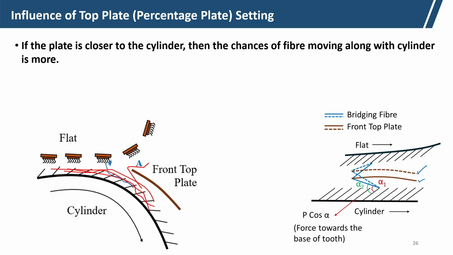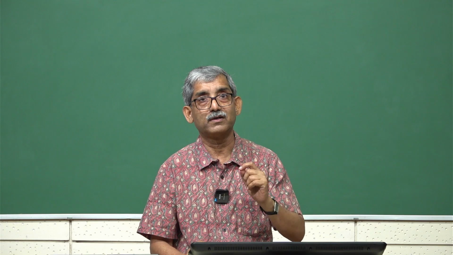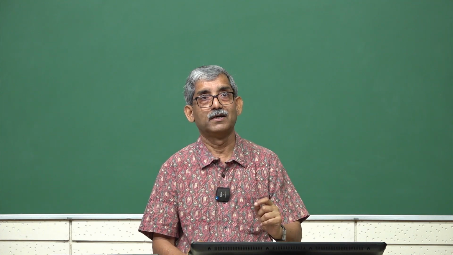While the flat is leaving the carding zone, there will be a few fibers in contact with both the cylinder wire point and the flat wire point. These are called bridging fibers.